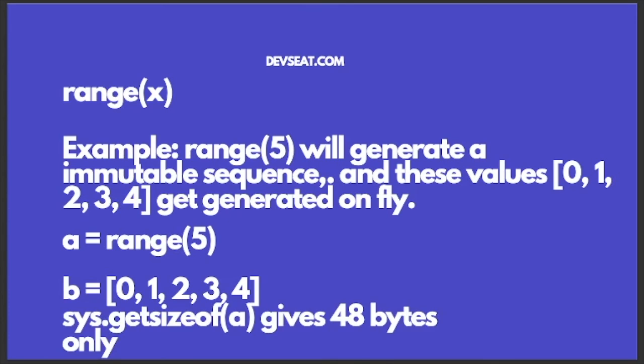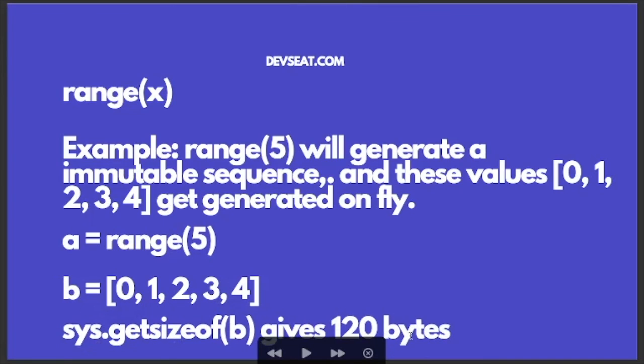Also, if I try to get the size of A, it will be 48 bytes only, because memory won't be created for all the elements at once. That is the reason the size is 48 bytes. But if you try to get the size of list B, then it will be 120 bytes, because memory will be created for all the elements at once.